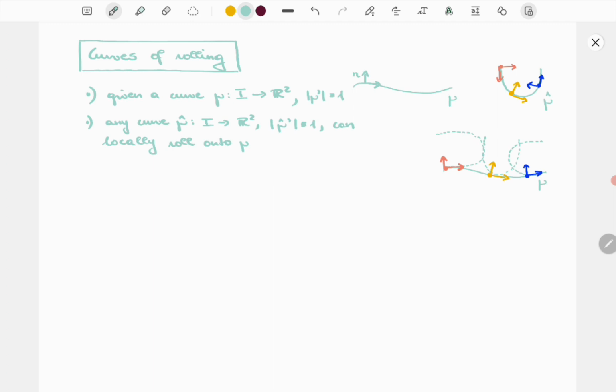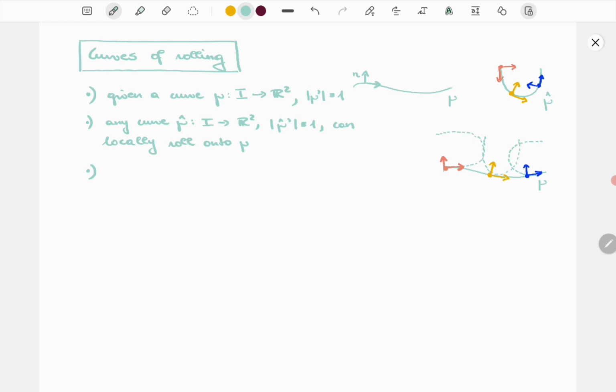And by rolling, I mean that pointwise gamma hat and gamma are aligned, as well as we align the tangent direction and one distinguished normal direction. So the motion of gamma hat can be described by a one-parameter family of Euclidean transformations in the plane.